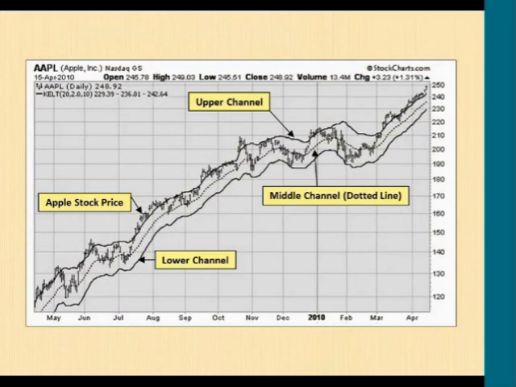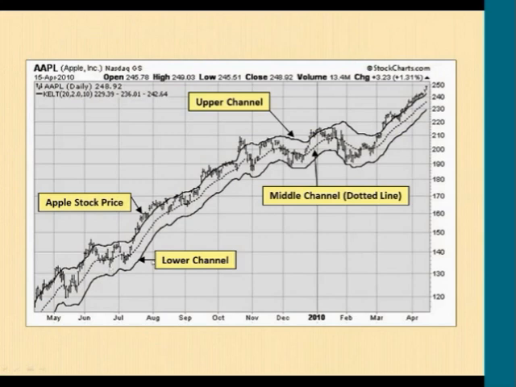And the Keltner channels, there's three channels. There's an upper channel, which is this line right here. There's a middle channel, which is this dotted line, and then the lower channel. And these channels act as an overbought, oversold indicator. Basically, when a stock is trading up above the upper channel, it means the stock's getting overbought and will probably retrace back to the middle or lower channel.